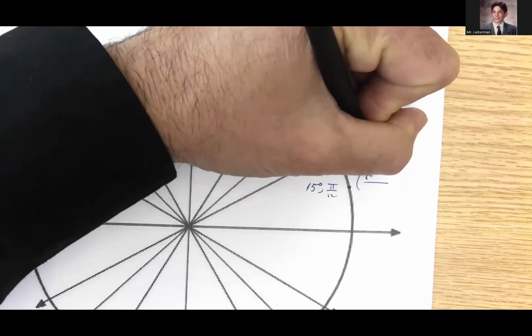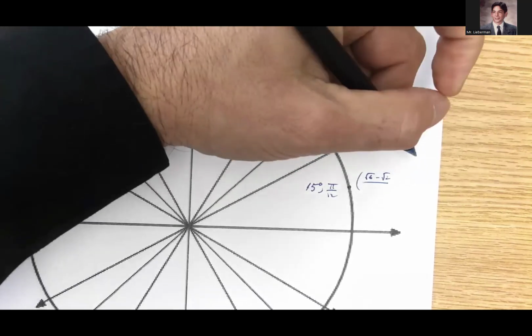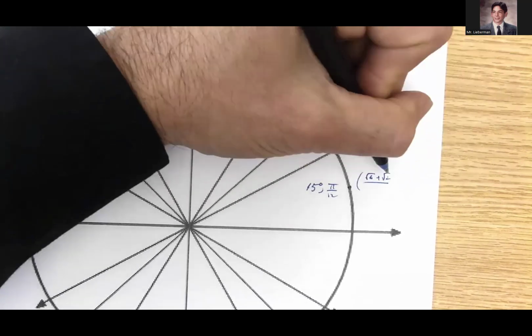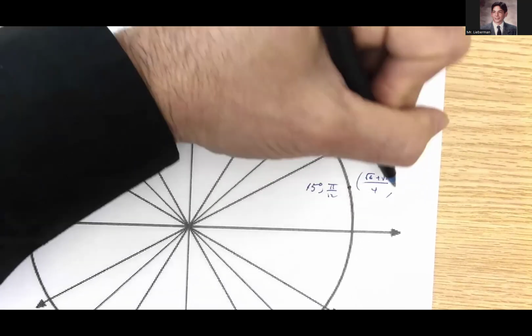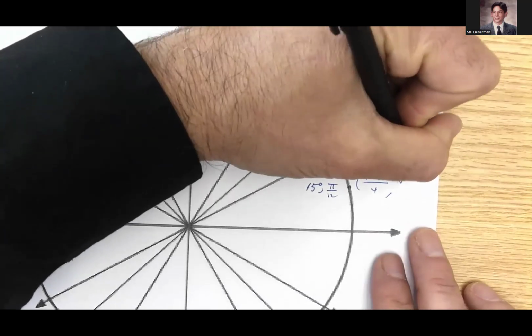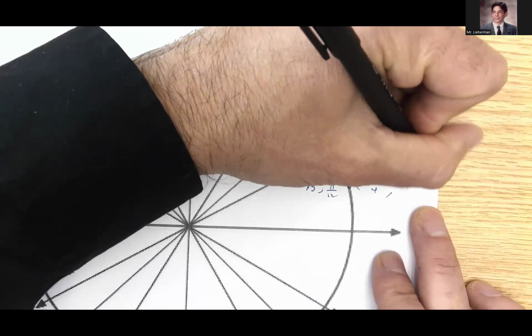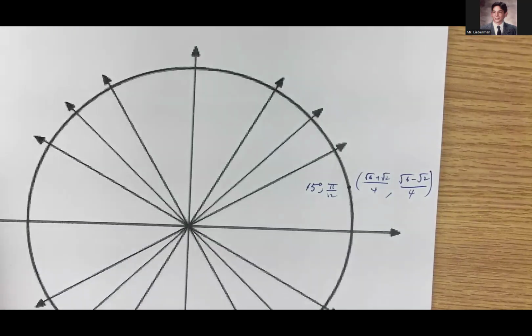Root 6 minus root 2, is that what it is? Oh no, plus root 2, isn't it? Over 4, the x coordinate. And then the y coordinate is root 6 minus root 2. I just feel like you could use this information in all the blank places, can't you?